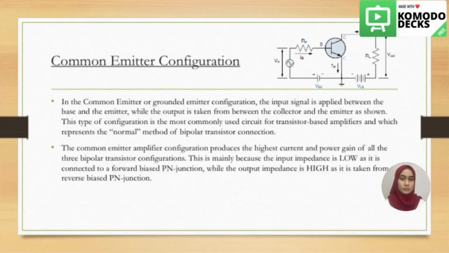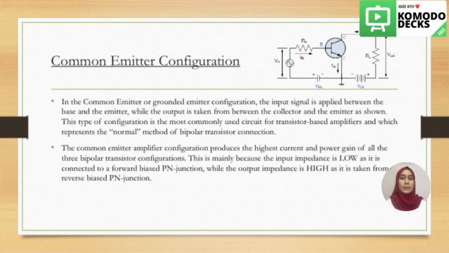Okay, the last configuration is the common emitter configuration. In the common emitter or grounded emitter configuration, the input signal is applied between the base and the emitter, while the output is taken from between the collector and the emitter.